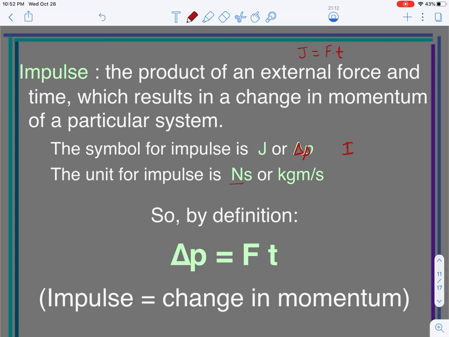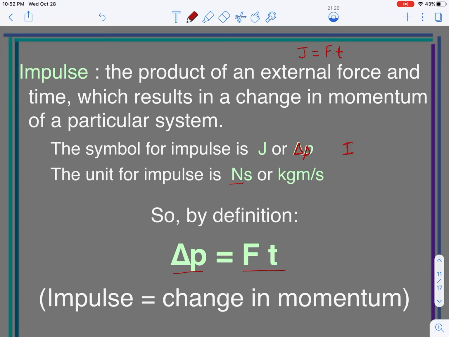Then it says here that our formula, by definition, is that the impulse is equal to the force times time. And so we're going to use this relationship in order to help us work through some problems.